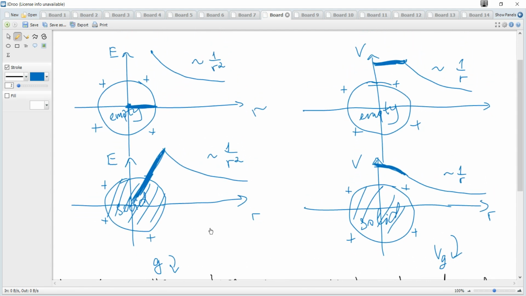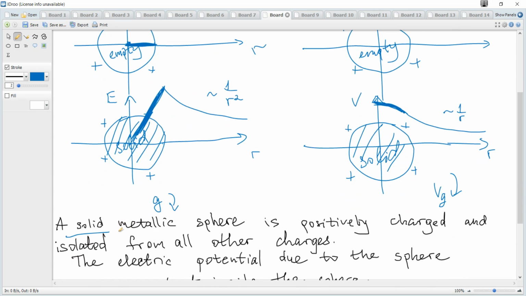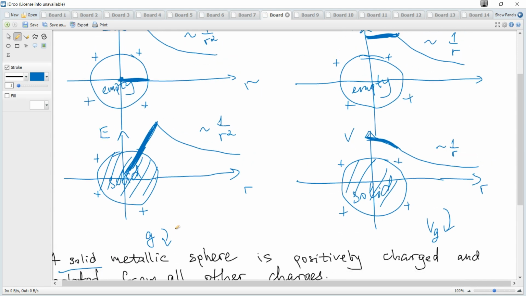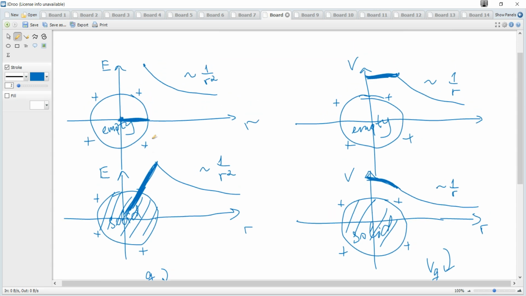Let's review key graphs. The electric field of an empty inside sphere, when it is positively charged: the field inside the sphere is equal to 0, and outside it changes as 1 over r squared, or is inversely proportional to distance squared.